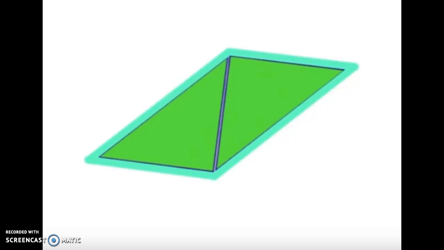So if you had explored with your index cards, then you can see that when we take a diagonal through the middle of a parallelogram, it creates 2 congruent triangles. Just like with what I just did with the video, whereas if we take 2 congruent triangles, we can create a parallelogram with a diagonal right through the middle. So that's just some explorative learning.